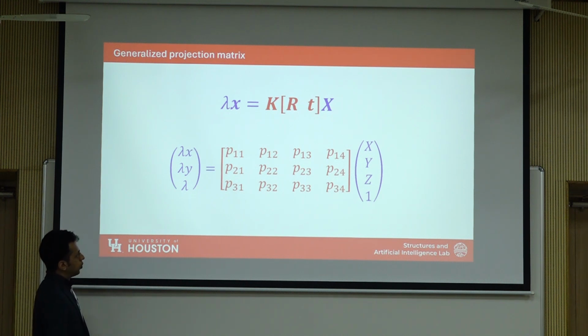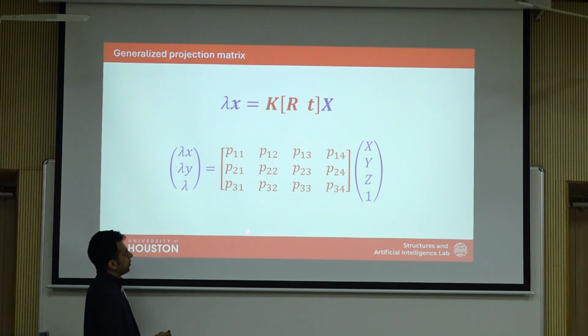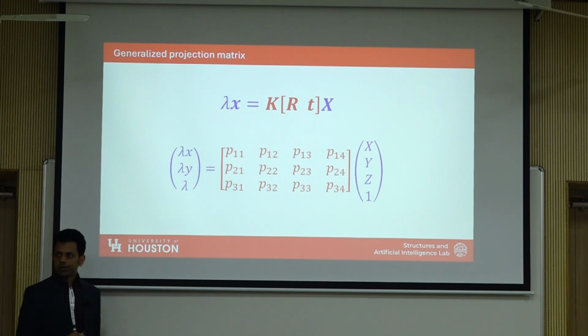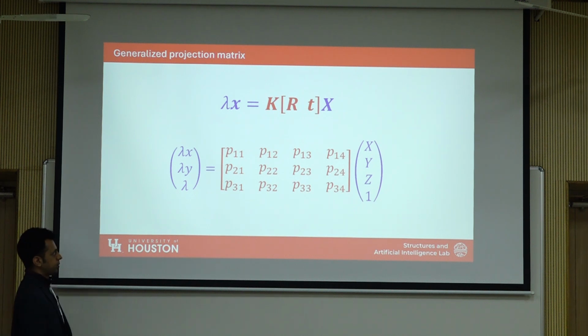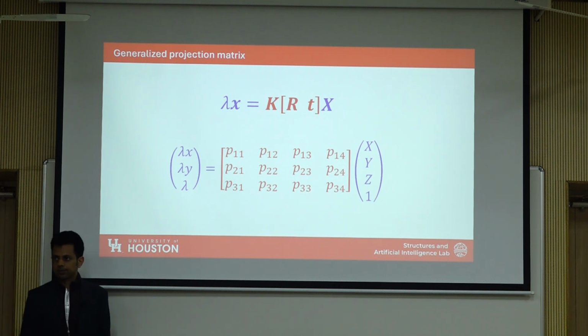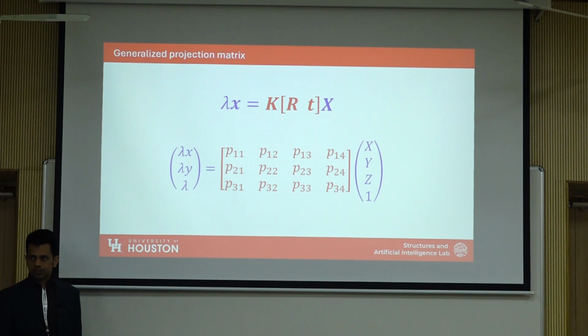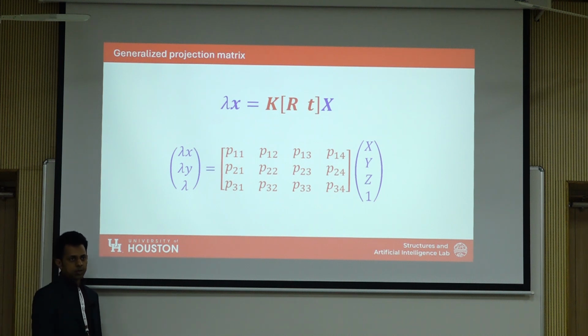So how do I get 12 equations? What would I need? Point correspondences. What does that mean? Corresponding points between the world coordinates and the image coordinates.